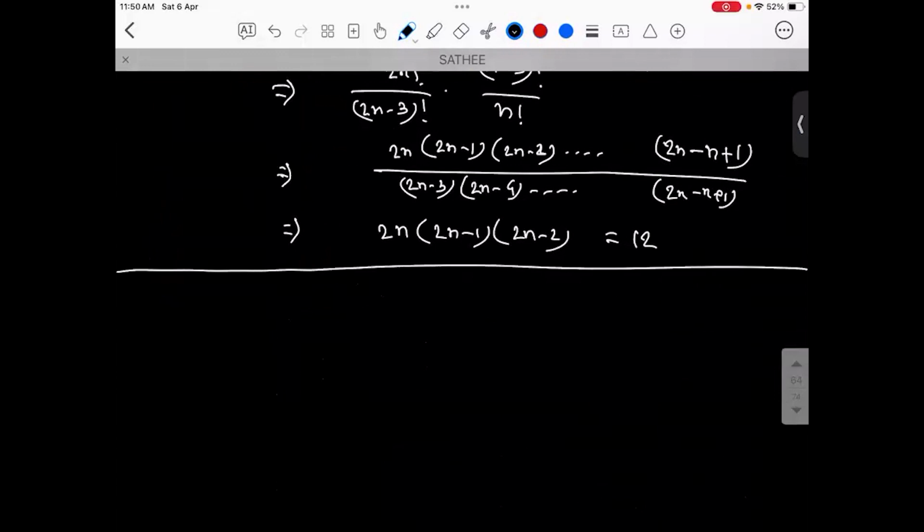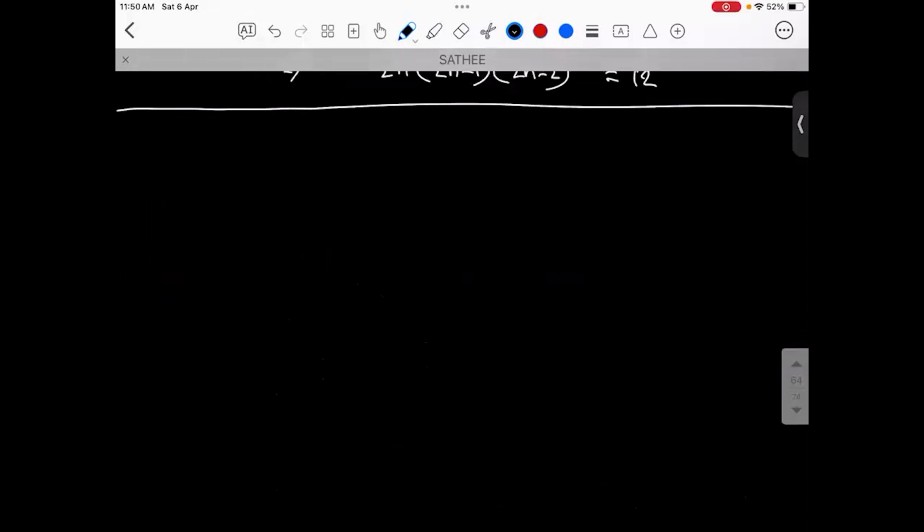Now let us do another example. To understand permutation and combination properly, you need to go through a lot of examples so that you can understand things properly.